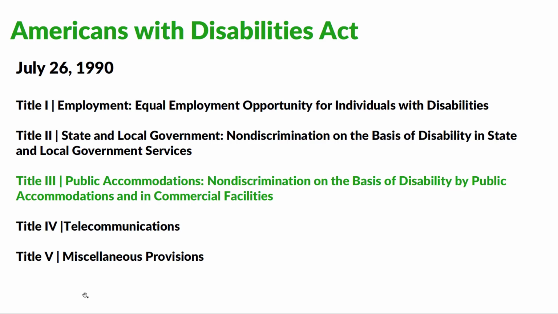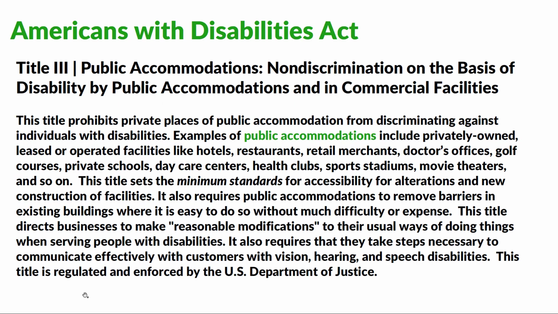So Title 3 is what interior designers are generally the most concerned about with dealing with ADA codes. So again, Title 3 is dealing with public accommodations. This title prohibits private places of public accommodation from discriminating against individuals with disabilities. So what does that mean?